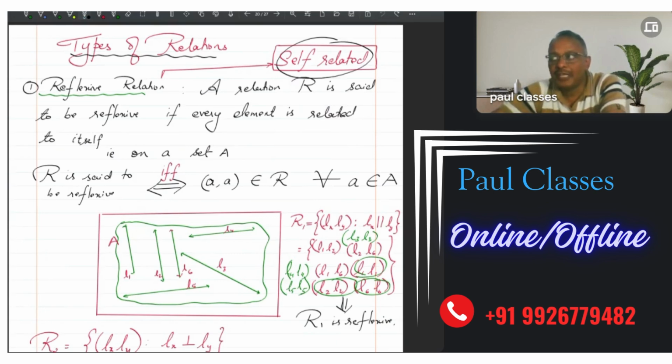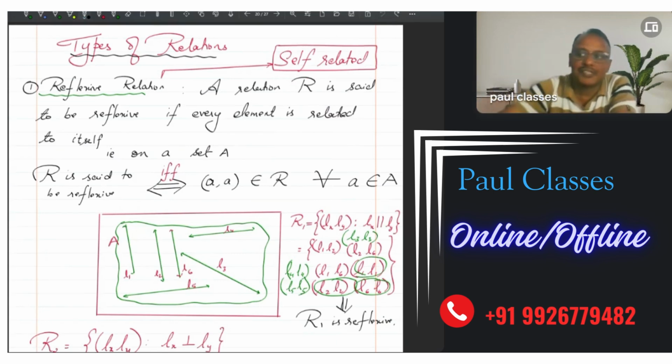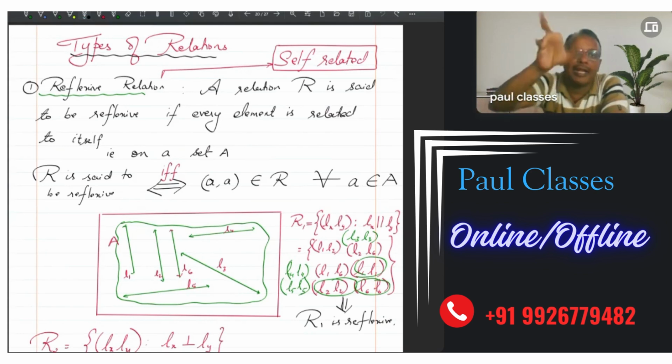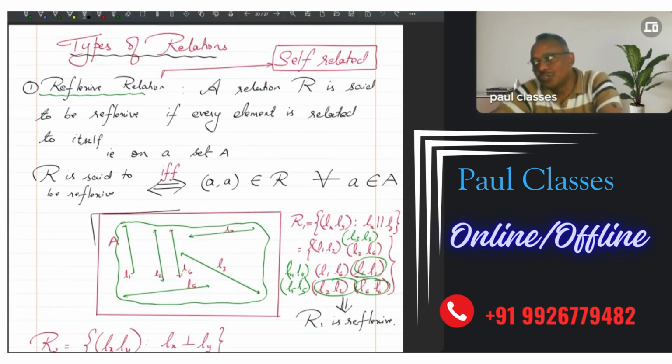Reflexive relation means self-related, relating to oneself. A relation R is said to be reflexive if every element is related to itself. I'll give you an example. Suppose you have a whiteboard here. On this whiteboard, I am drawing a number of lines.